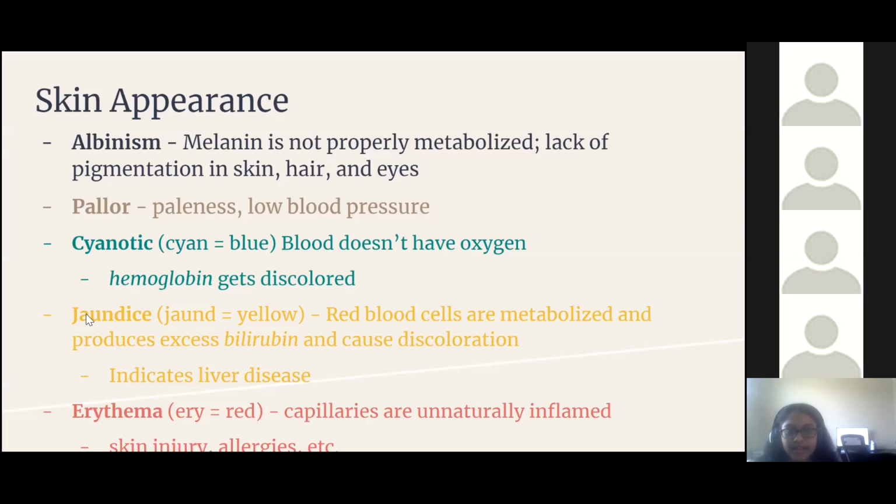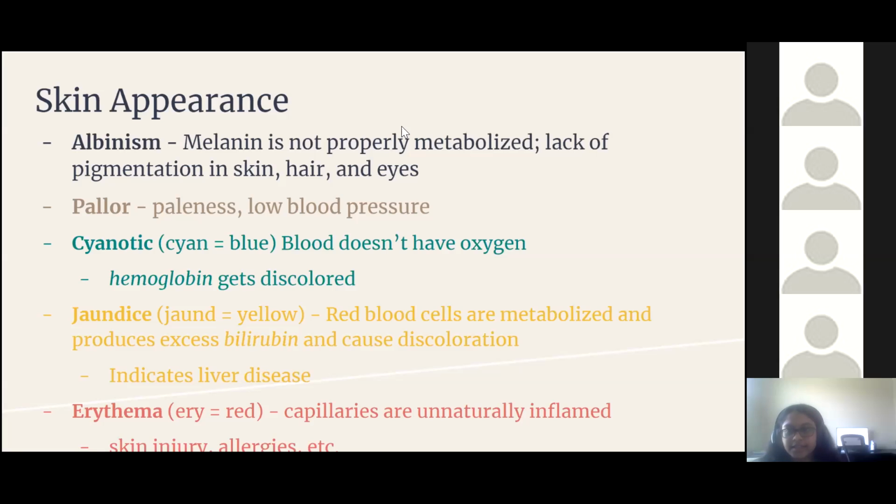So what happens is that there's this protein. Well, can anyone guess what the protein is in red blood cells? It's hemoglobin. So what the liver does is it turns some of this excess hemoglobin, when there's too much of it, into bilirubin.